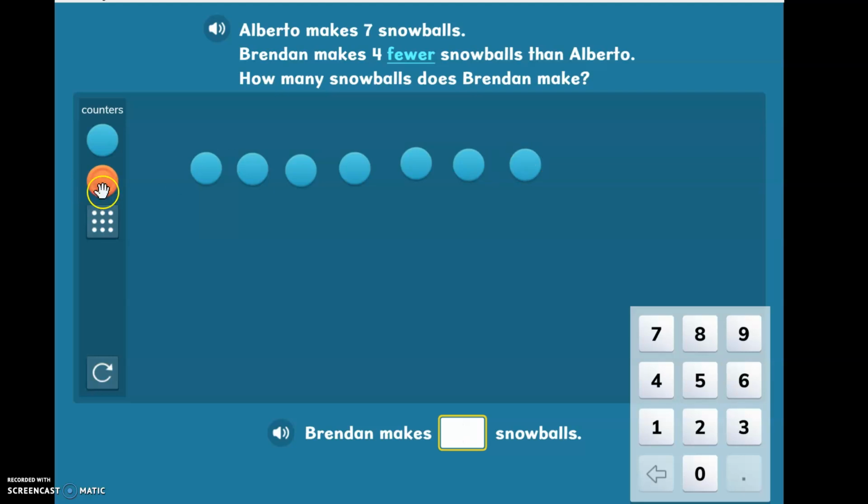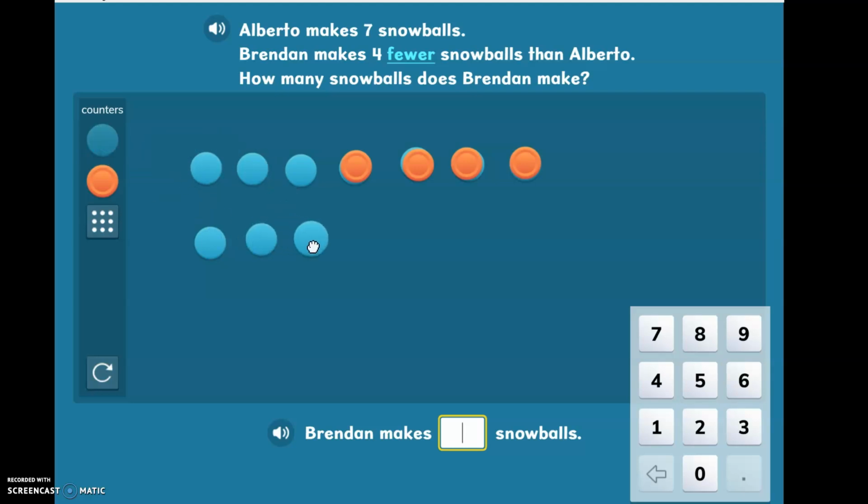So if we wanted it to match, I'll make it match what you're going to see on the next slide. So I put my 7 up there, and then I'm basically flipping the counters over so I see 4. And then the rest represent how many Brendan has. So how many blue are there? There are 3.